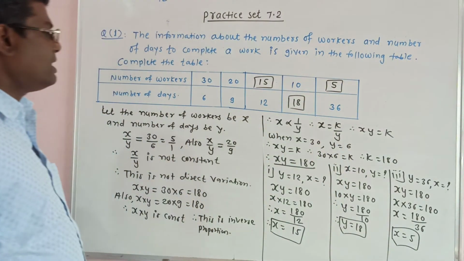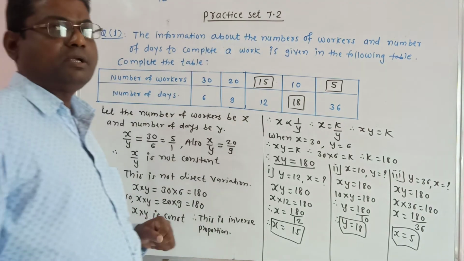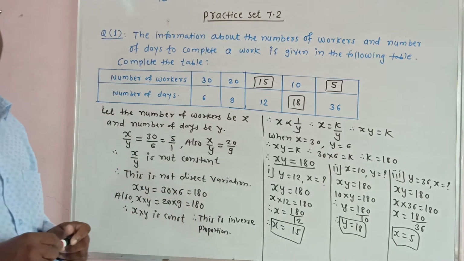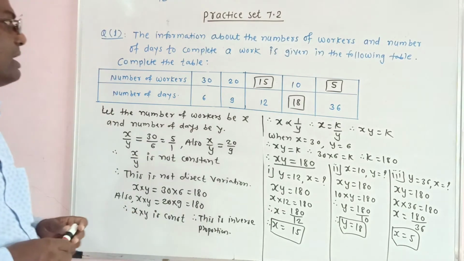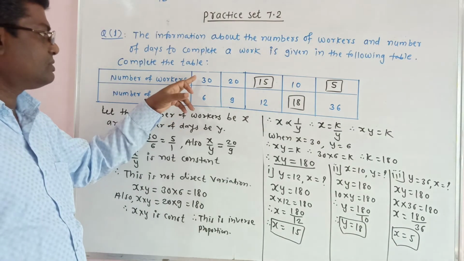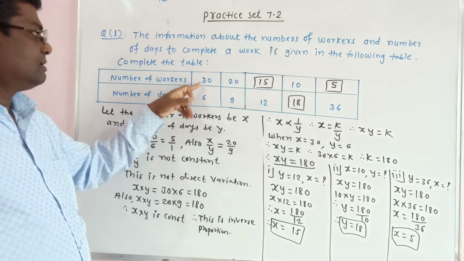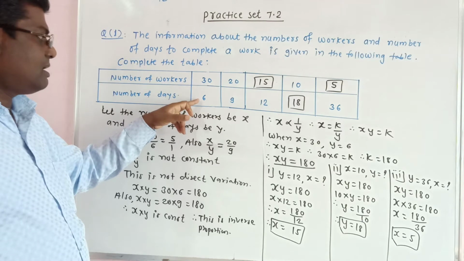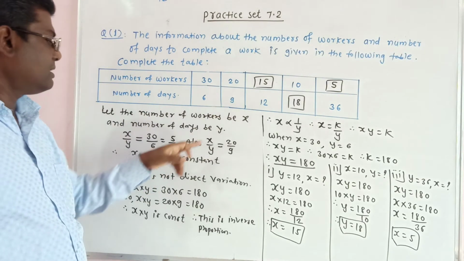In this way we have solved this example. In this example, at first we decide the type of variation. Either it is a direct variation or inverse variation. For direct variation, take ratio of number of workers and number of days. 30 upon 6 is 5 upon 1 and 20 upon 9.